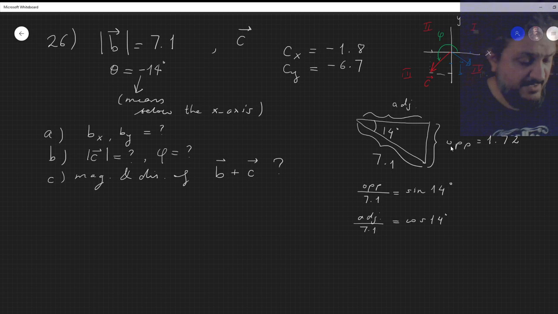So let's find the adjacent side. That's 7.1 times cosine 14, and that gives me 6.89.